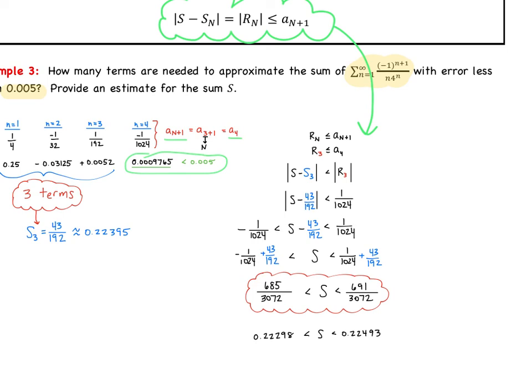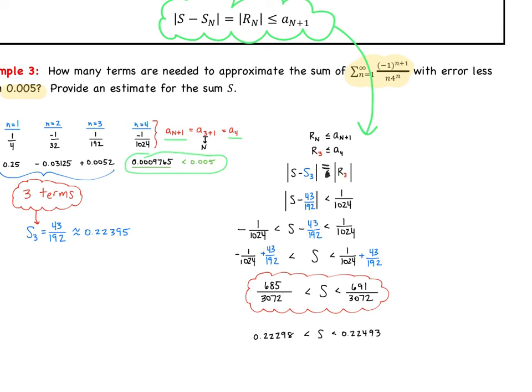We know n is 3, and n plus 1 is 4. So R3 is less than or equal to a4. I should say this should be an equal sign, not a less than sign.